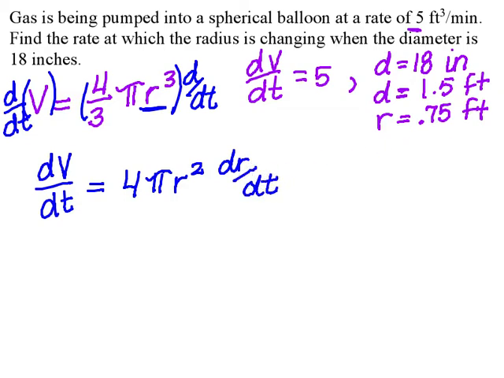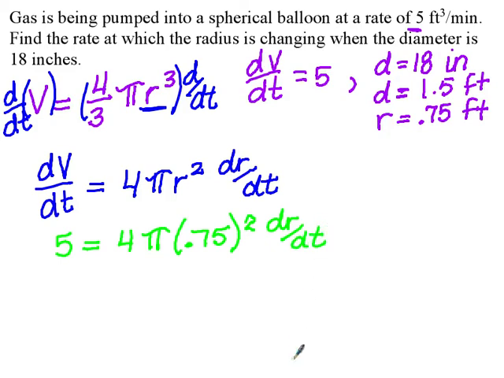So now, last but not least, I need to plug in what I know. I know that dV/dt equals 5. So I've got the 5 on the left side. I know that r is 0.75. Looking back in the problem, it wanted to know how fast the radius is changing. So this is what I need you to do for me: just calculate the right side of the equation.